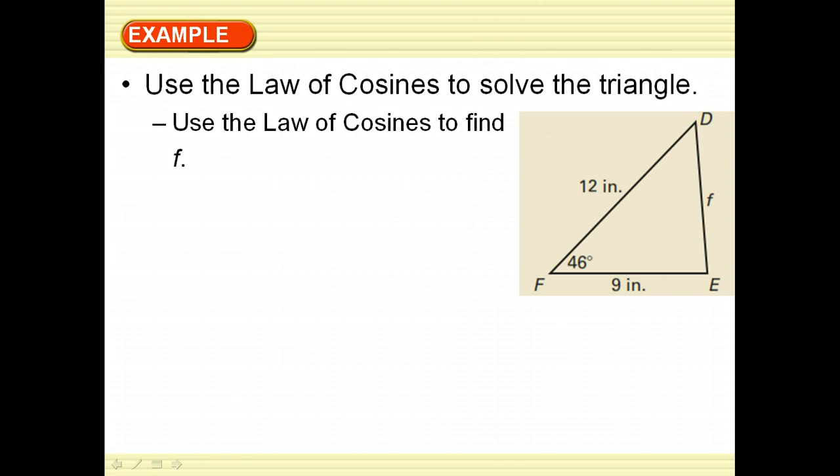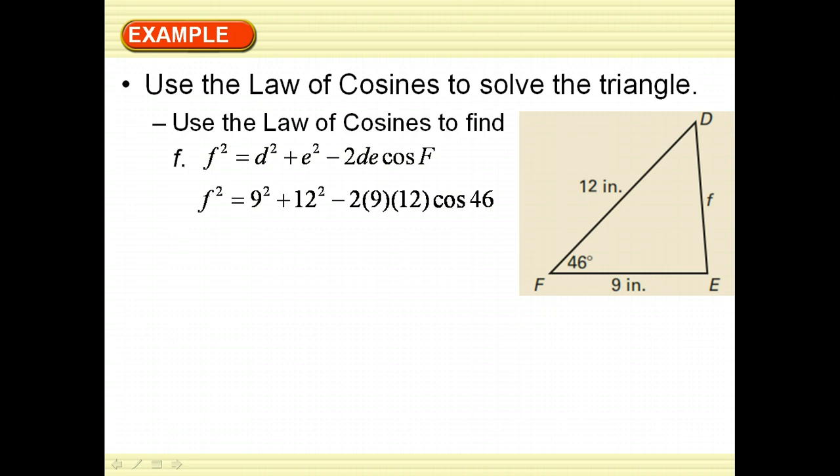Remember, to find f, I want to square the other two sides minus 2 times the 2 multiplied together times the cosine of the angle opposite of f. So in this case, I'm going to have 9 squared plus 12 squared minus 2 times 9 times 12 times the cosine of 46 degrees.